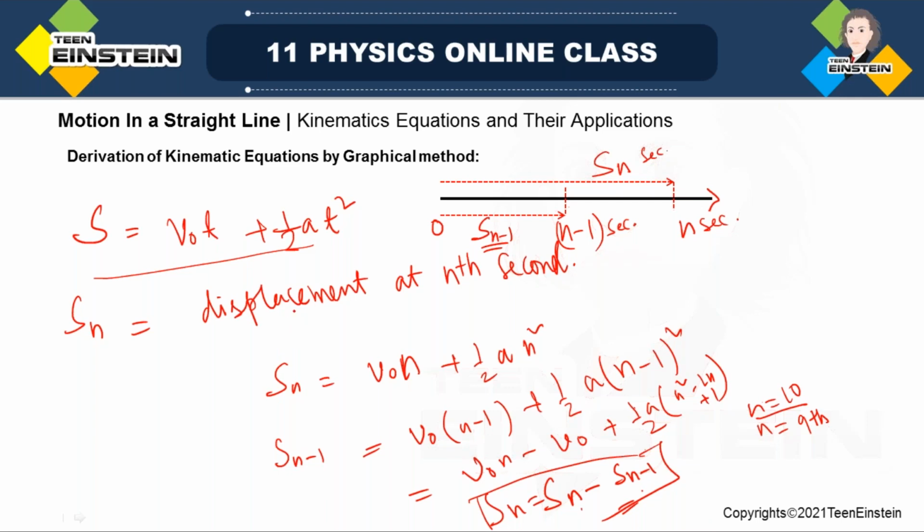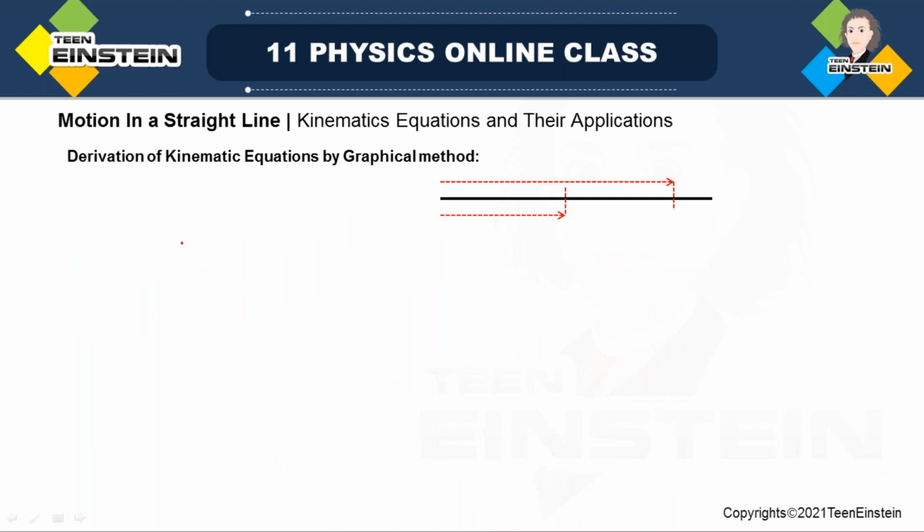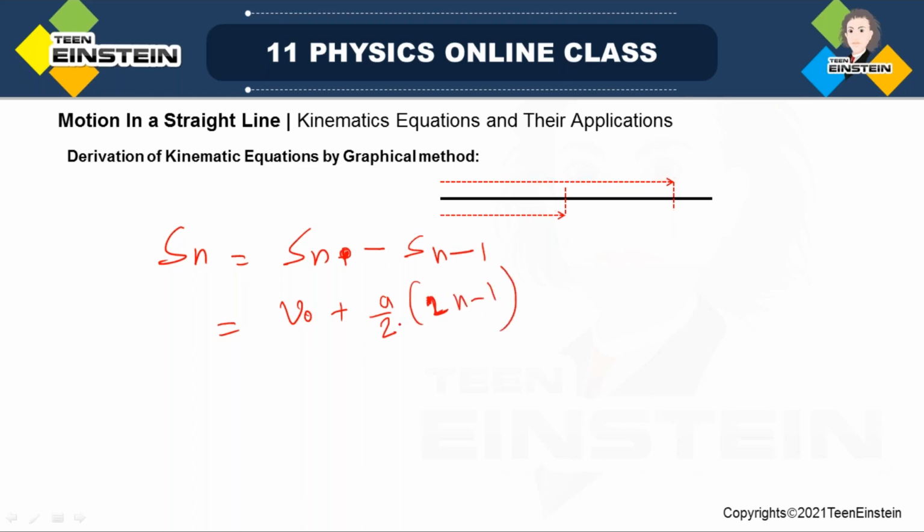So finally, Sn minus Sn minus 1, and if you simplify those two, what you are supposed to get is v0 plus a by 2 into 2n minus 1.